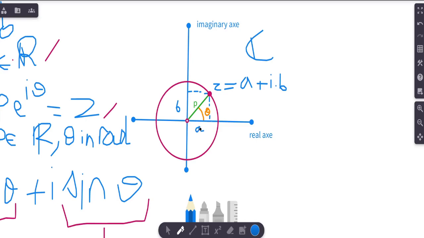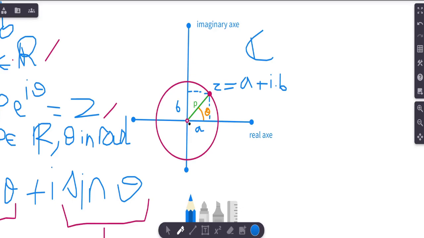You can see the real part, which is a, and the imaginary part, which is b, on the axes. So this is a here on the real axis and b on the imaginary axis.